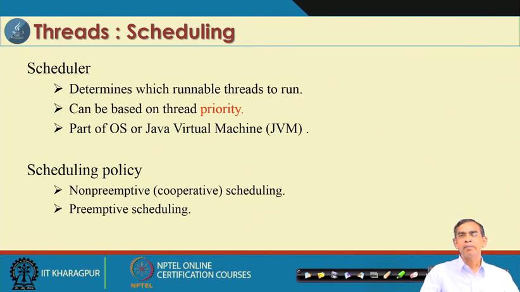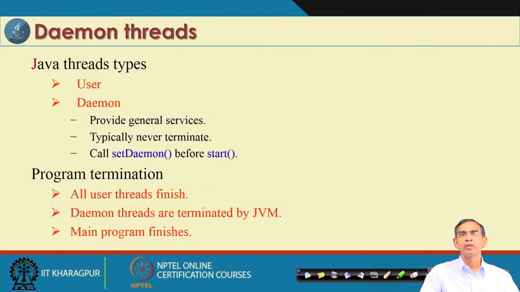There are also some threads we call daemon threads. Daemon threads are basically running all the time in the system, and the scheduler can interact with them so they can be executed and their execution controlled, and they can be in any of the other states. The daemon thread is basically for general services. For example, when you insert a disk, the system automatically detects that the disk is there.